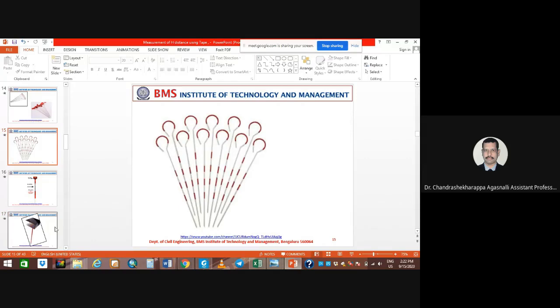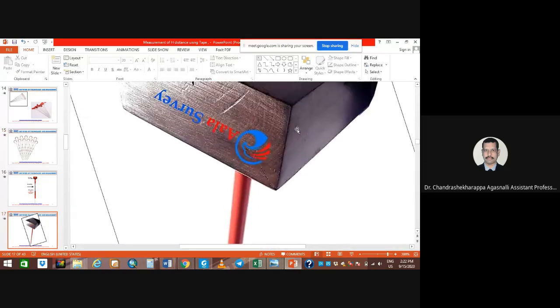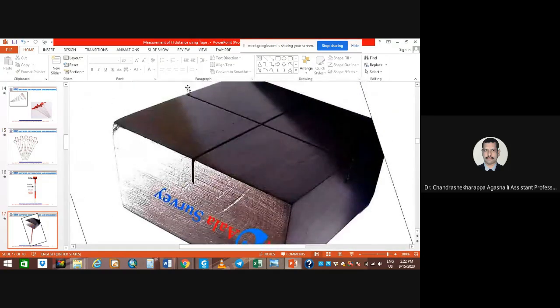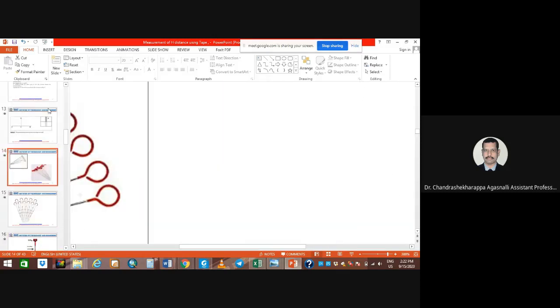So this is how you need to get the alignment. This is a 90-degree angle always. Fix at a particular point, and you can establish the lines.